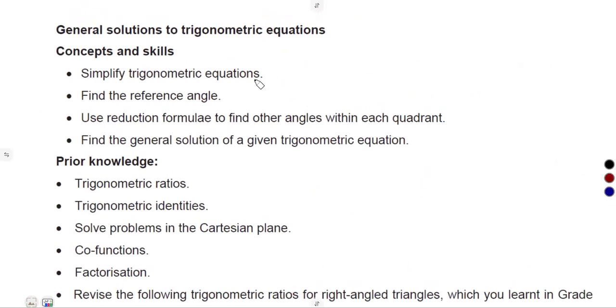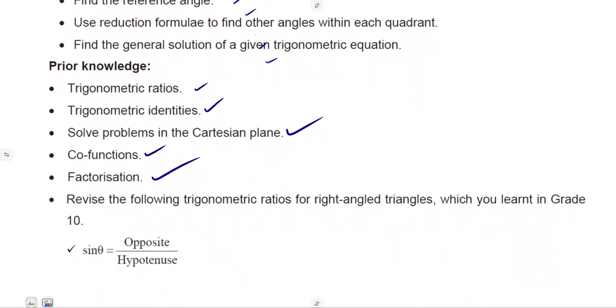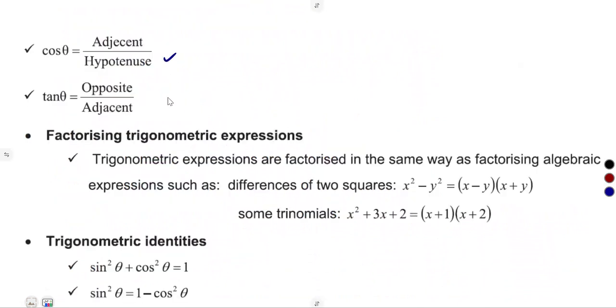basic concept, understand everything, the simplification of trig equations, every part that you've done before, the trig ratios, identities, Cartesian plane, core functions, your factorization, everything that you've done, guys, you must know all those basics.